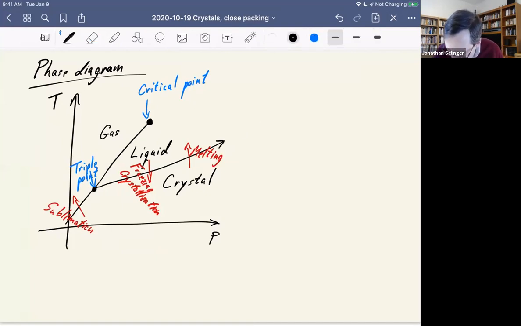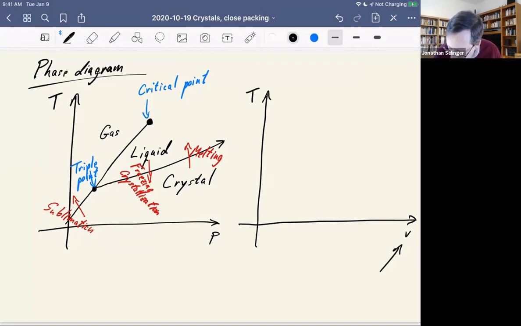Okay, so if I want to make the phase diagram in terms of temperature and volume, this is volume per particle, or per atom, per molecule, whatever. What we know about is what's happening for relatively high volumes, that is, at relatively low pressures over here.